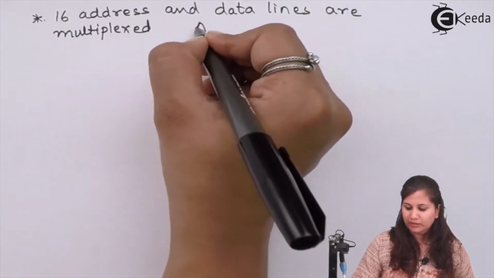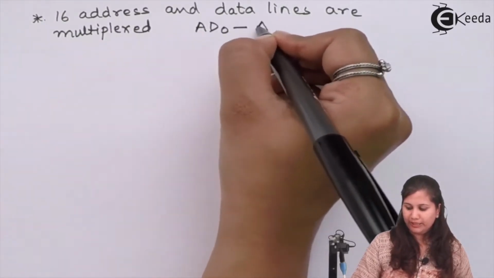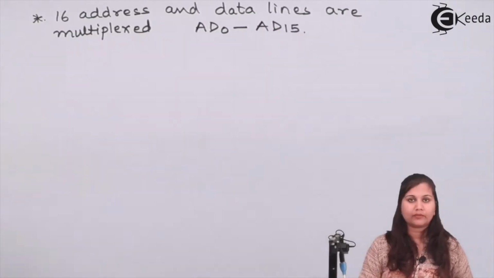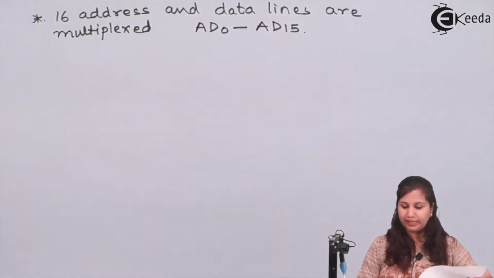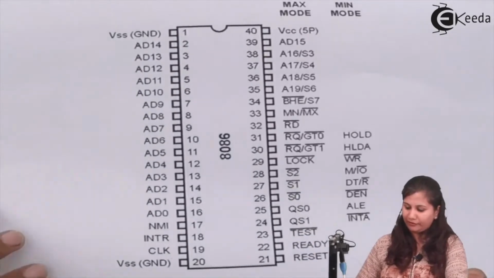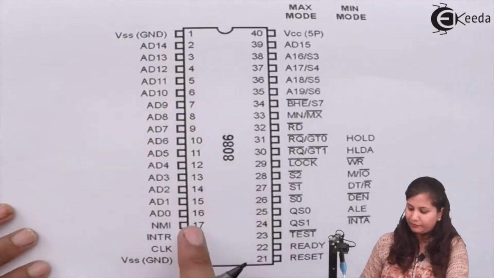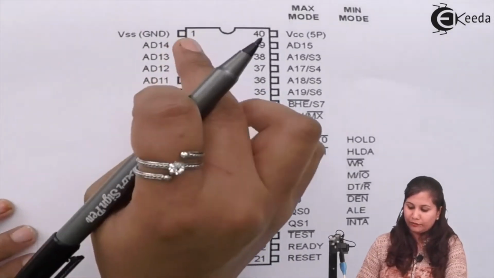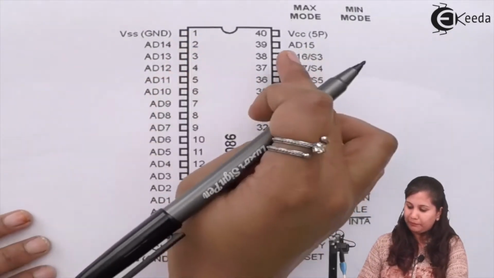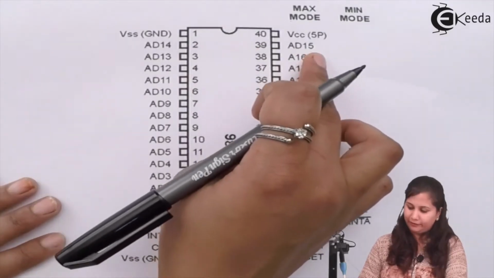So they will be together known as AD0 to AD15. So in this pin diagram, you can see that we have AD0 to AD14 available from pin number 16 to pin number 2, and pin number 39 is also AD15.